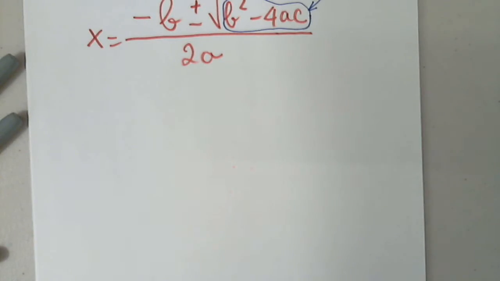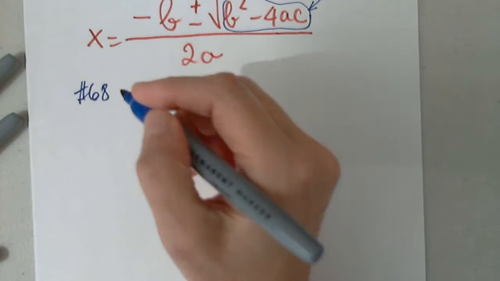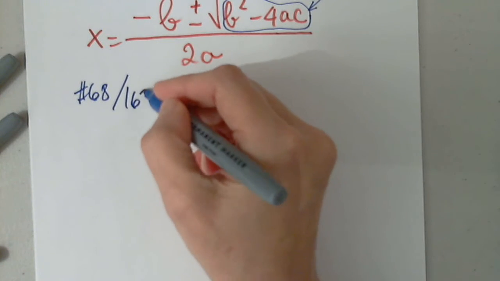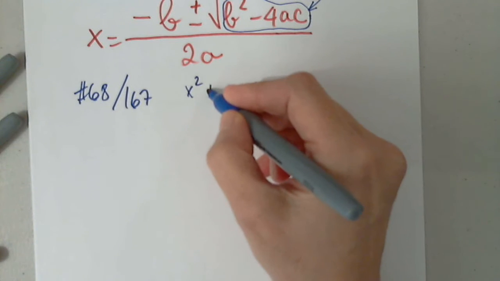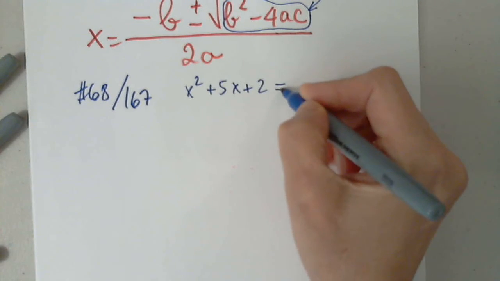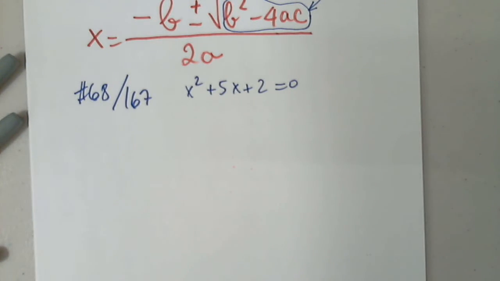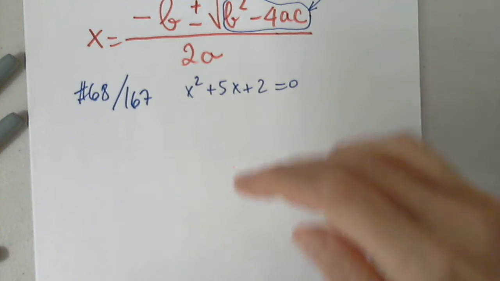I'm copying from what I printed out from the book. Let's say 68. On page 167, and we have x squared plus 5x plus 2 equals 0. Is it arranged correctly? Yes.